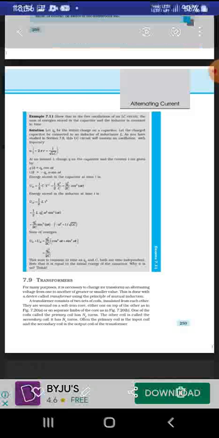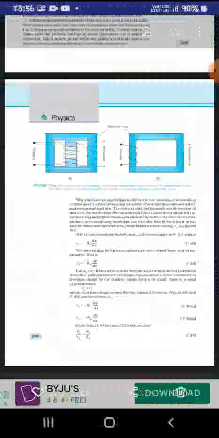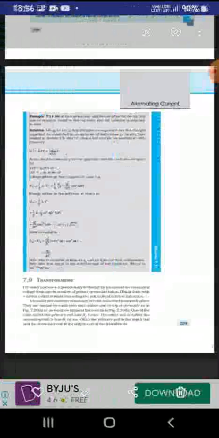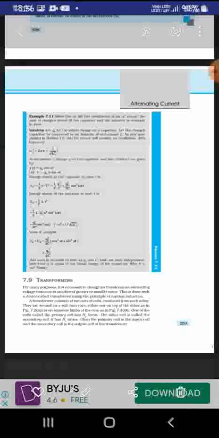They are wound on a soft iron core, either one on top of the other, as in figure 7.20, or on separate parts of the core.